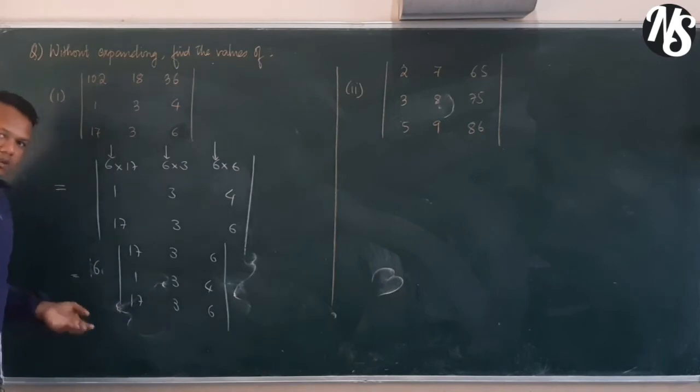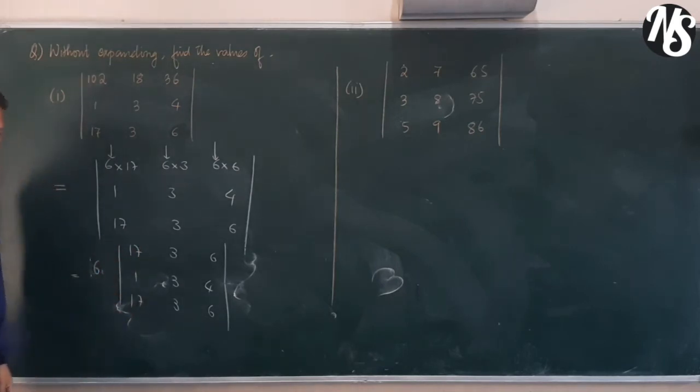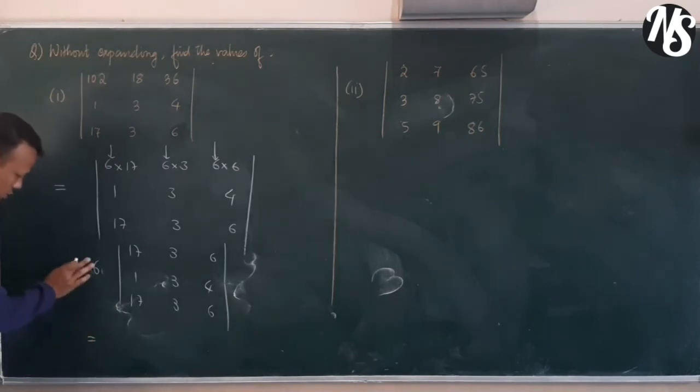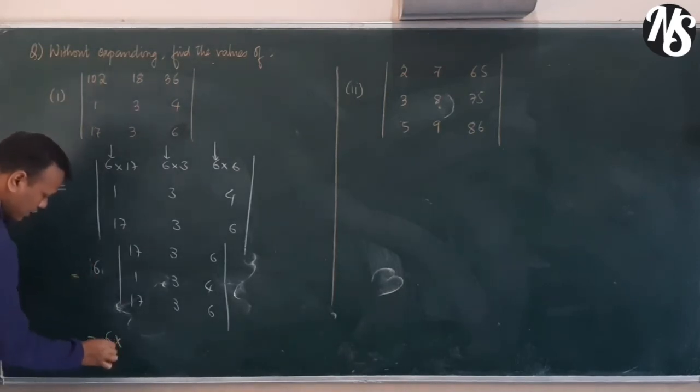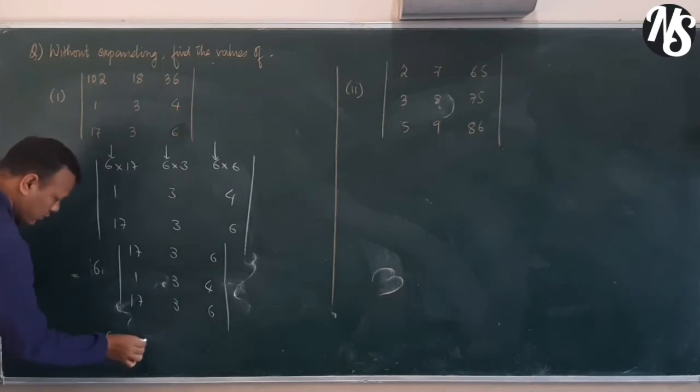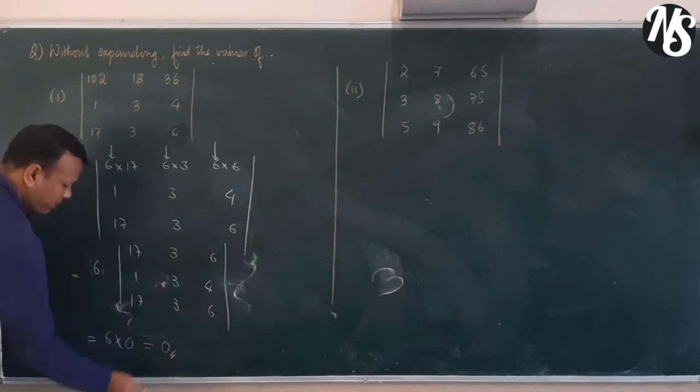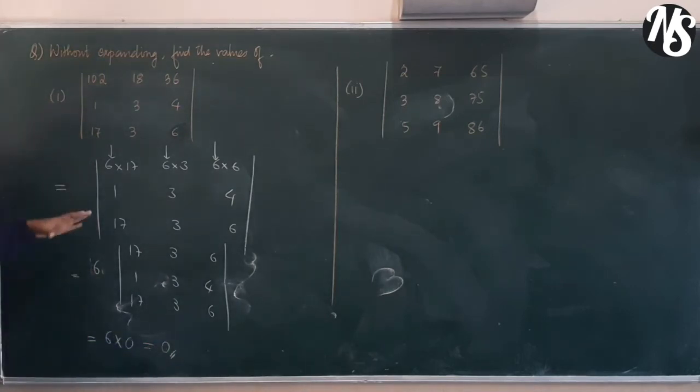As you all know, if any two rows are identical, then the value of the entire determinant becomes 0. So constant 6 into the value of this, which is 0, so 6 into 0 is 0. I told you that in such questions your answer will be 0 only.